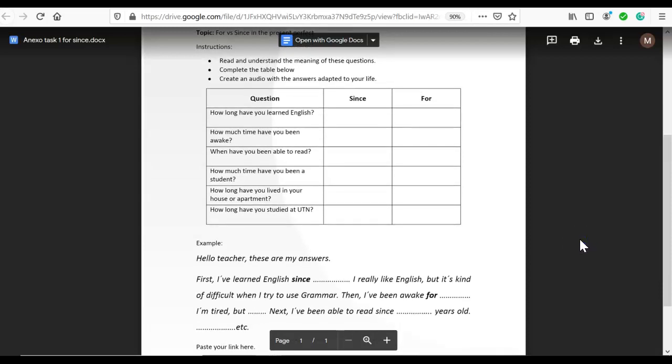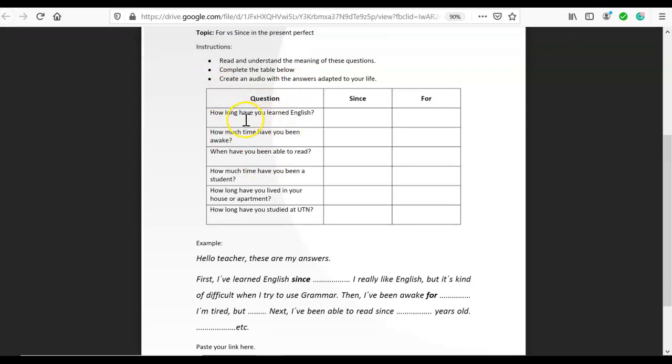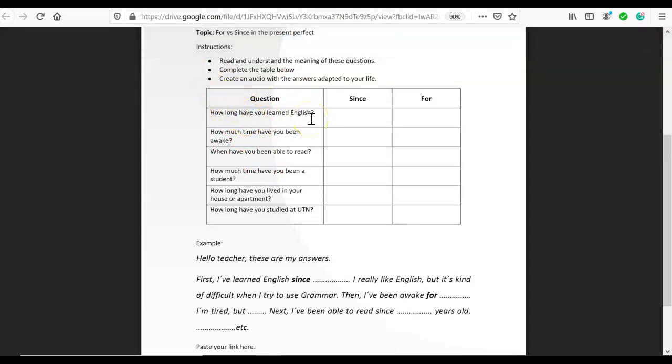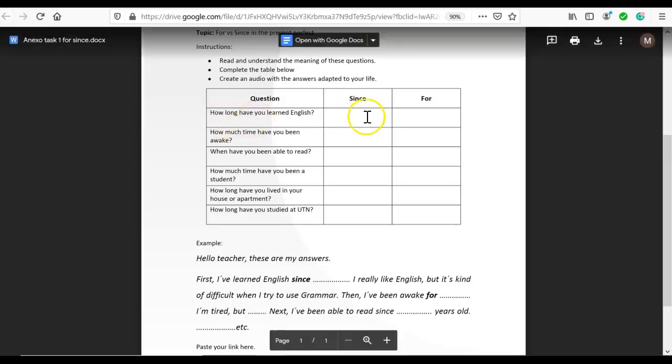Here we have the Annexo for task 1. This is the table, so you will have some questions. Please read the questions and try to understand their meaning. These questions are super simple, and they ask you to use since and for.